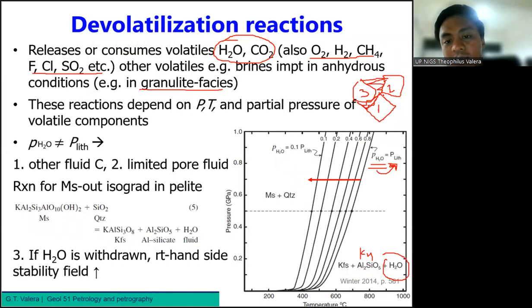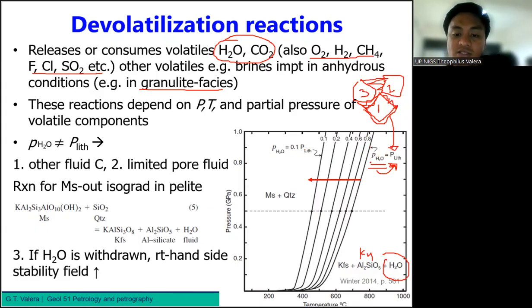That is yung ibig sabihin natin na P lith equals PH2O. If hindi ganon, if for example, tiny film lang yung water along the edges of some grains, hindi siya completely filling ng pore spaces natin, then PH2O is less than P lith.